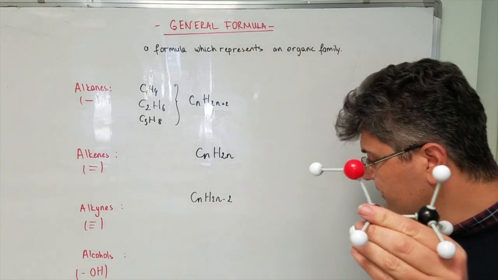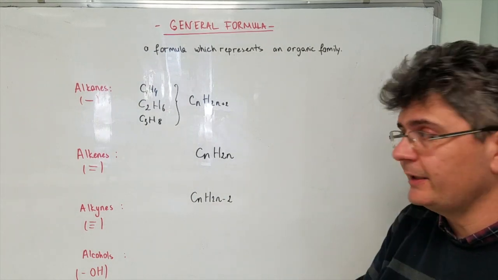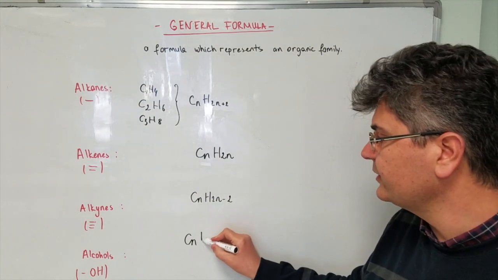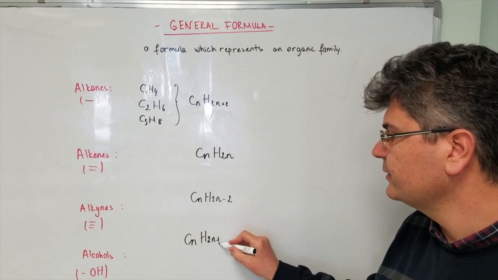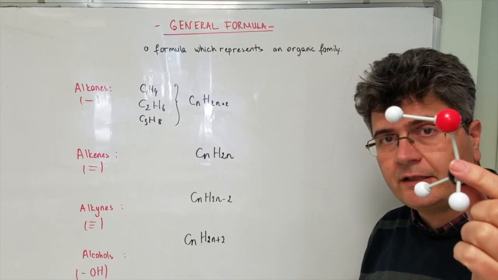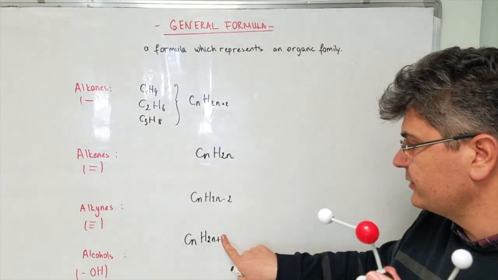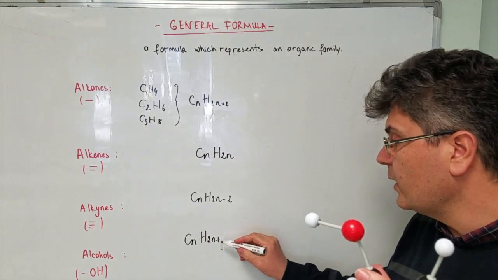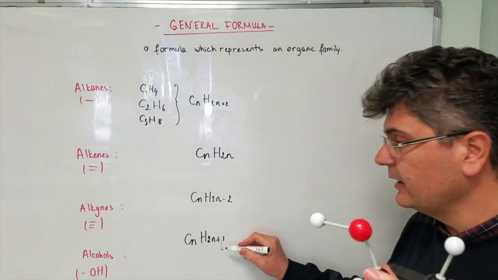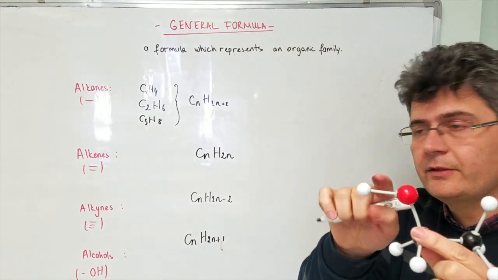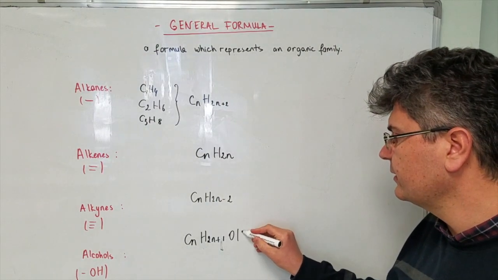So what was the general formula of alkanes? It was CnH2n+2. How did I get this alcohol? I took one hydrogen out, so it's going to become CnH2n+1 instead of 2. And what did I add here? OH group. So this one.